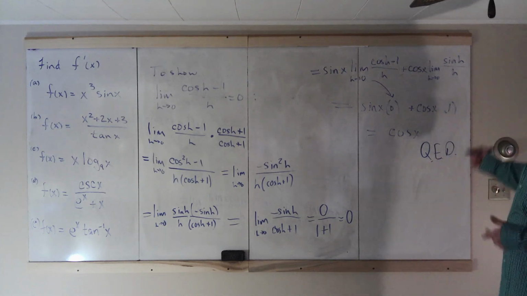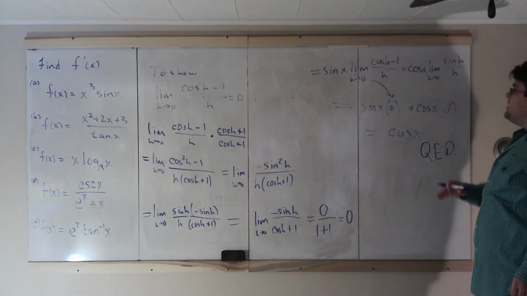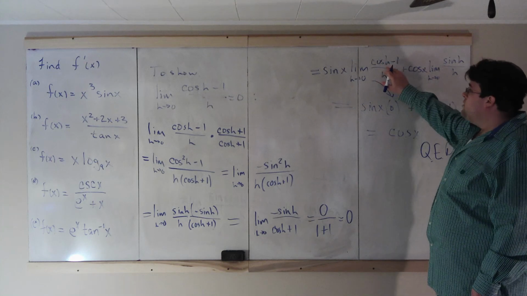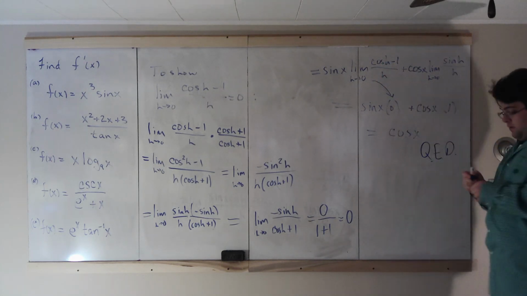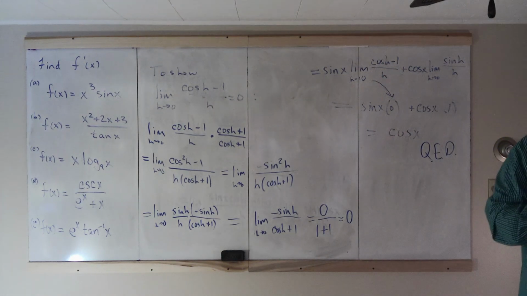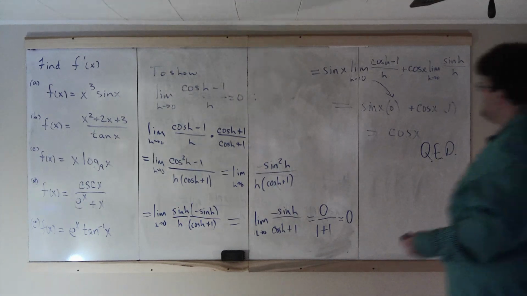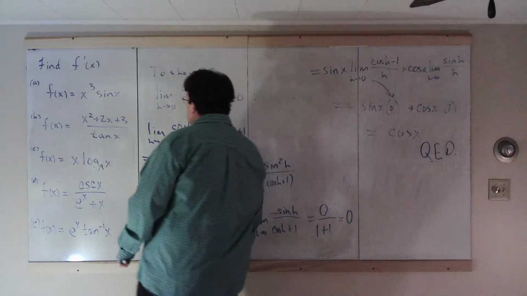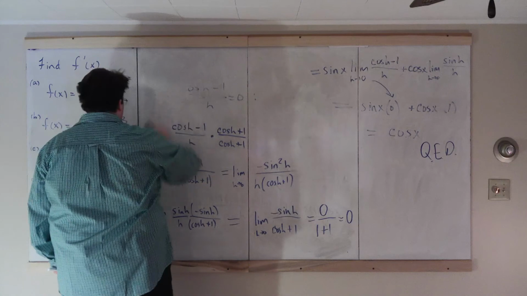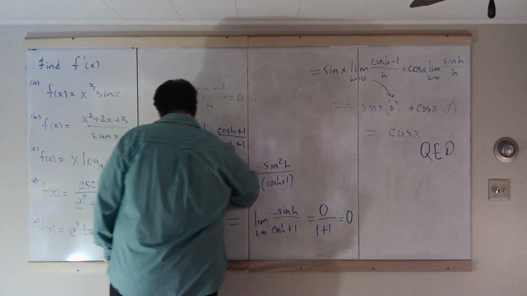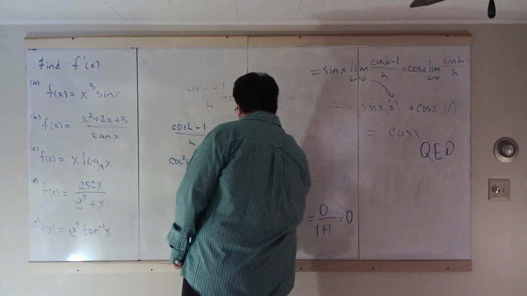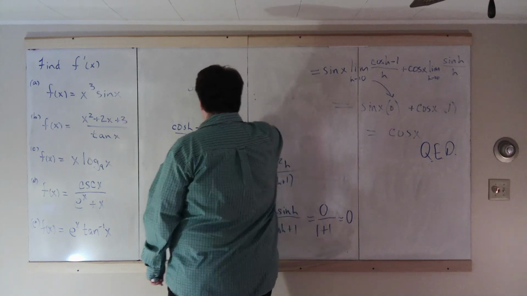So now we have shown the derivative of sine x is cosine x, because we showed that that limit in there is 0. And again, that won't be tested, but it is nice to see that argument. But for now, let's practice using the remaining derivative rules.